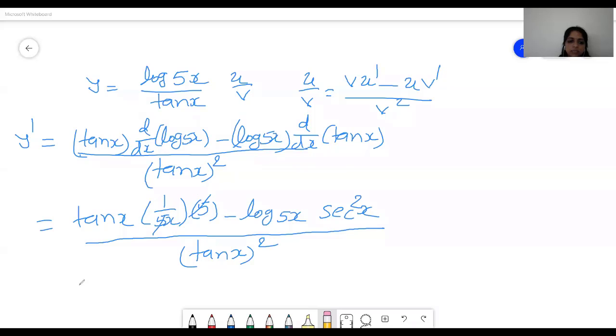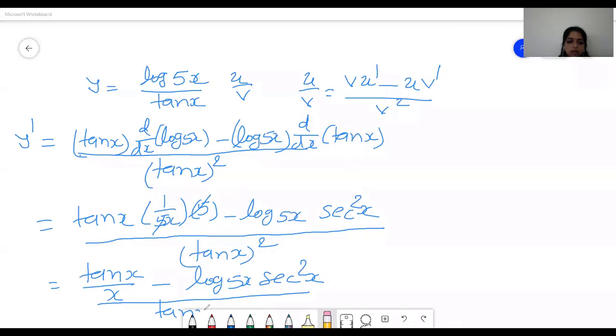Both phi will be cancelled. So here the answer is tan x upon x minus log phi x sec square x, whole divided by tan x whole square.